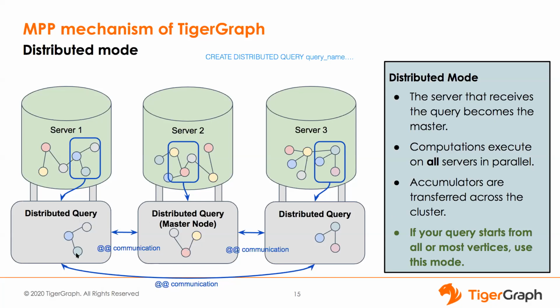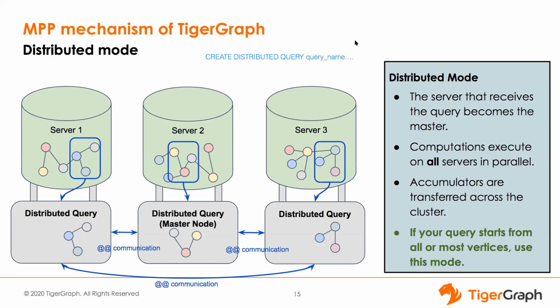This time, the communication between the servers will be the accumulators, the global accumulators, local accumulators, target attributes, as well as the activated vertex set. If I want to activate a vertex on server 2, then I have to let server 2 know, hey, I want to activate one vertex from you. That's how distributed mode works.